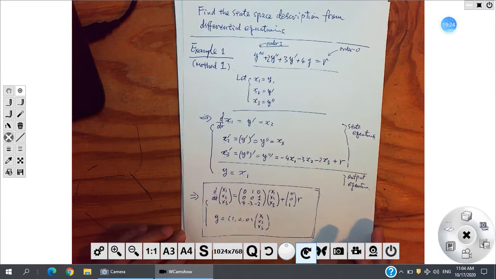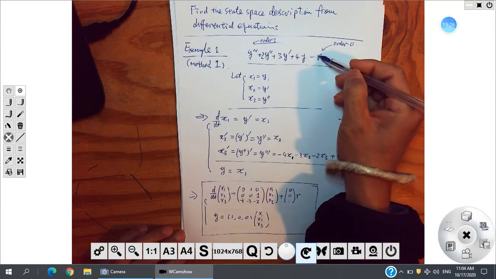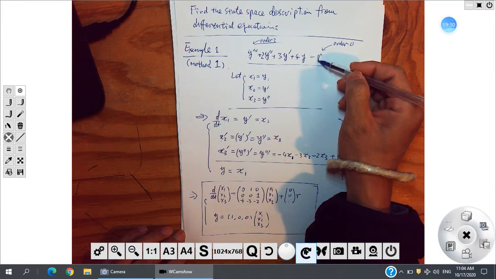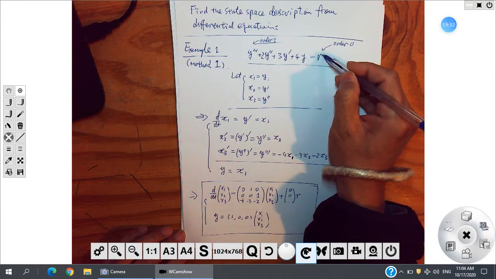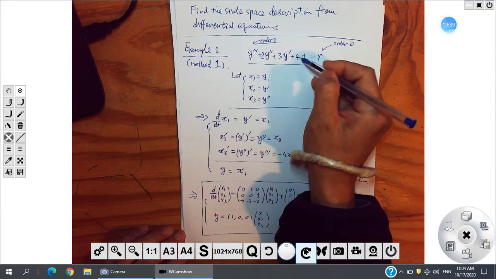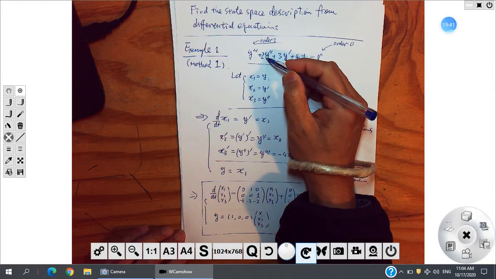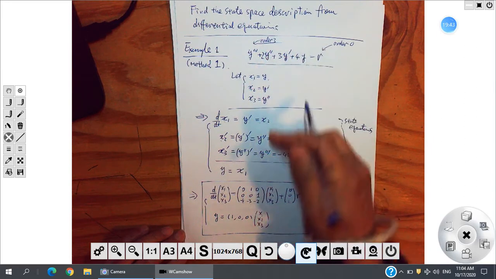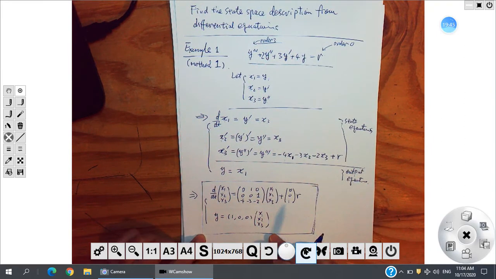So this is the method. When you have just the r, just the input, or maybe some coefficient before r, with no derivative on r, then you can work this way. You just let y, y prime, y double prime be the state variables. Then you can have the matrix form. Of course, you can make some changes.